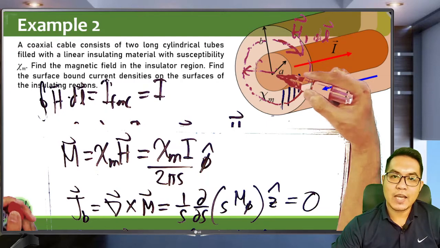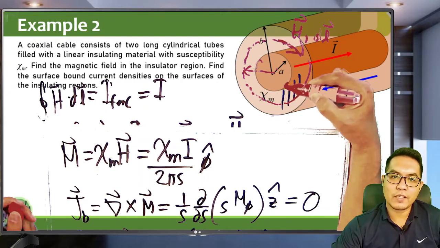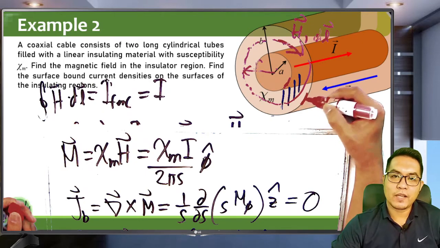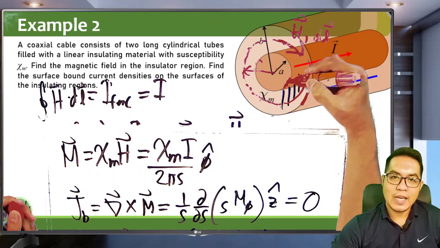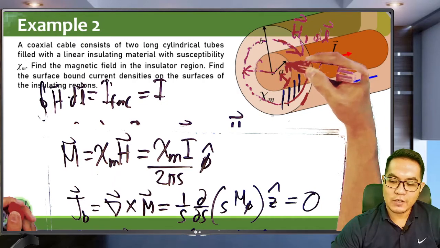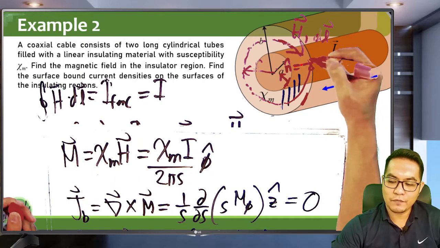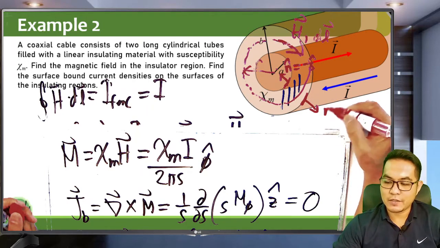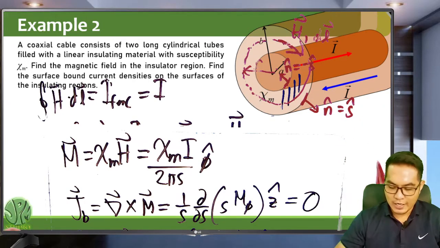The surface at S is equal to A, this surface here, and the surface at S is equal to B, this surface here. So the n hat on this surface is in that direction. That's n hat, it's actually negative S hat. And the n hat on this surface is in this direction. That's n hat, and this is positive S hat.